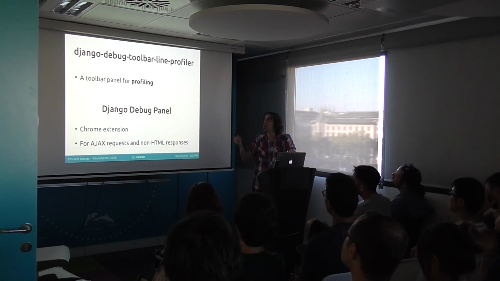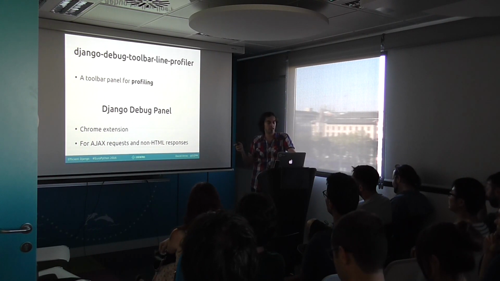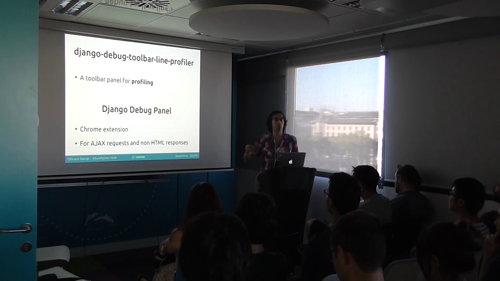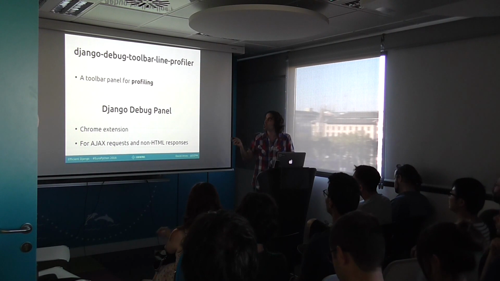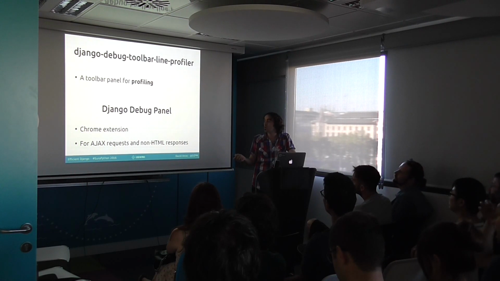You are using Ajax calls, or you are returning a JSON maybe, whatever, that are not HTML. Then the debug toolbar cannot get this code and insert HTML into your view and show it, okay? So this is not an HTML panel like the others, but this is a Chrome extension.